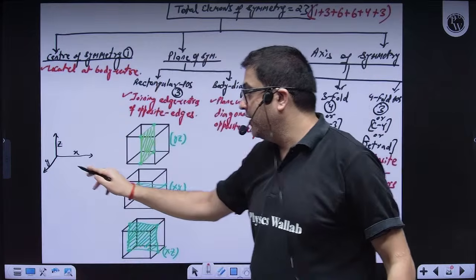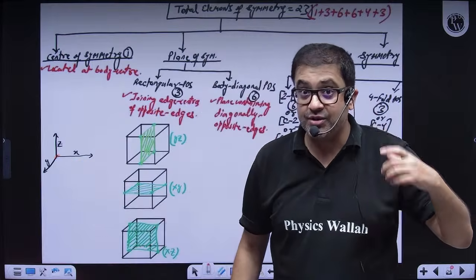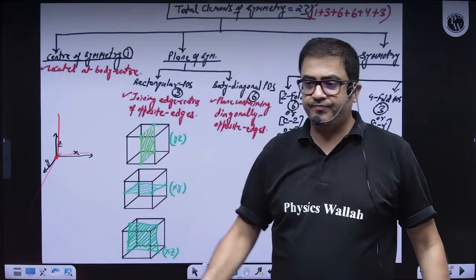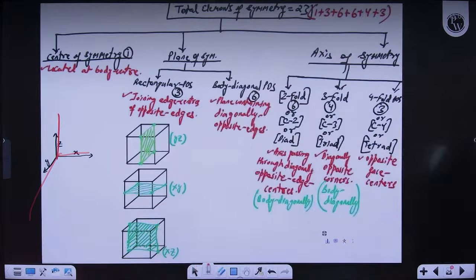Like for example, let us assume a three-dimensional plane with x-axis, y-axis, z-axis. Now let's say I have this box.